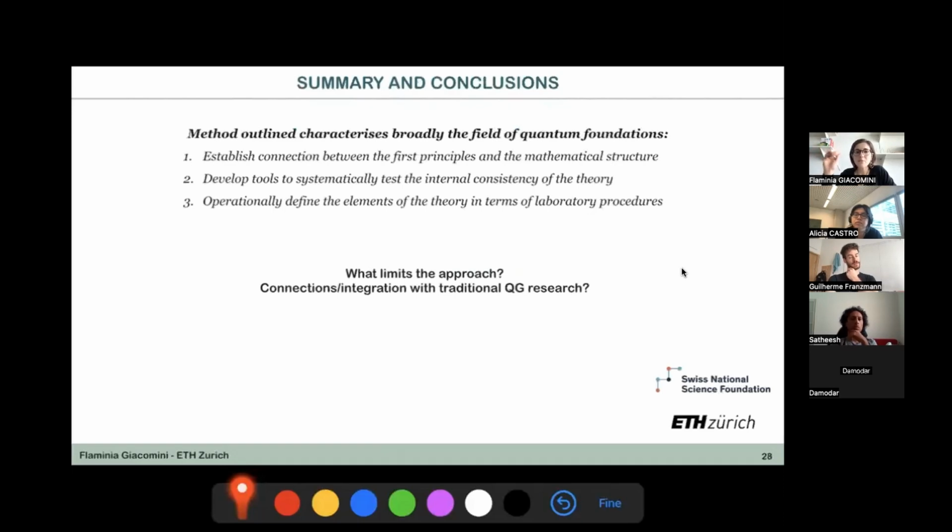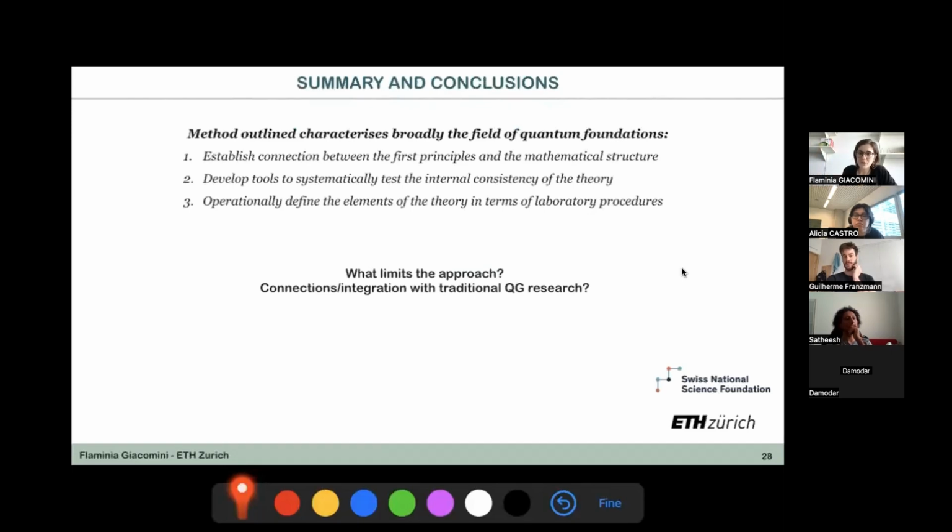First, to establish a connection between first principles and the mathematical structures of the theory. Second, to develop tools to systematically test the internal consistency of the theory, and this can be done via quantum information protocols, no-go theorems, generalized probabilistic theories, and so on. And finally, to operationally define the elements of the theory in terms of laboratory procedures.